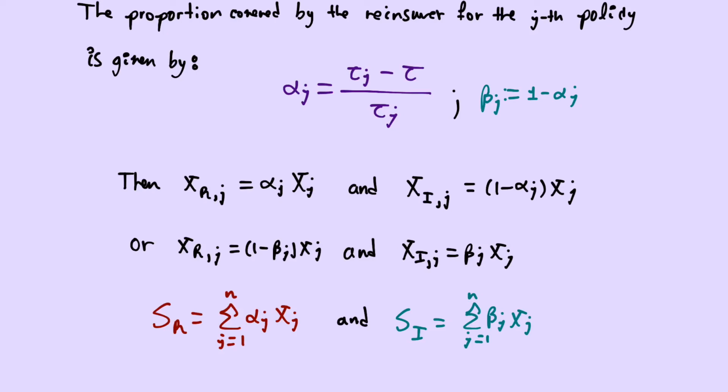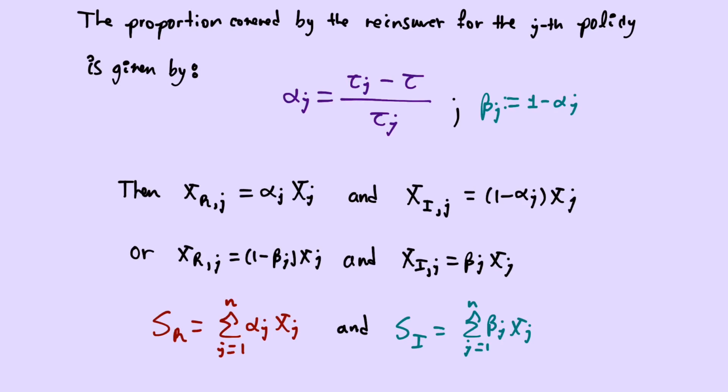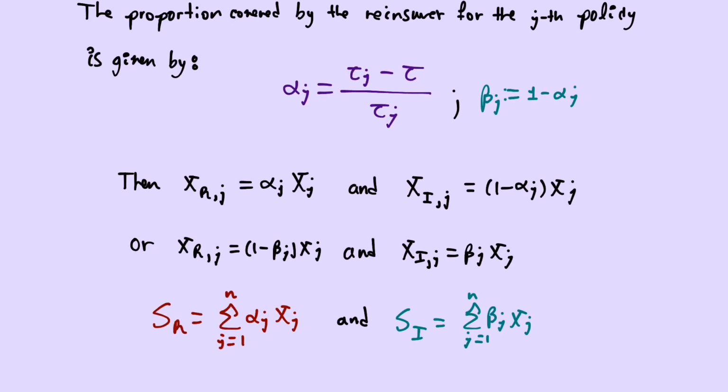And in practice, it's not very short to use, because you have to compute this proportion for each of the policies, and typically you have a lot of policies. So it's not the easiest method to use, but it's a method that is there.